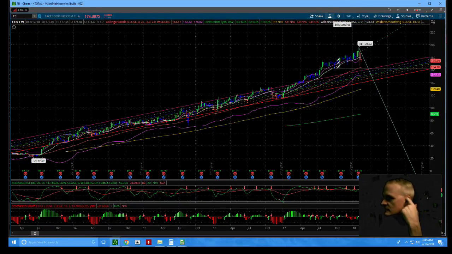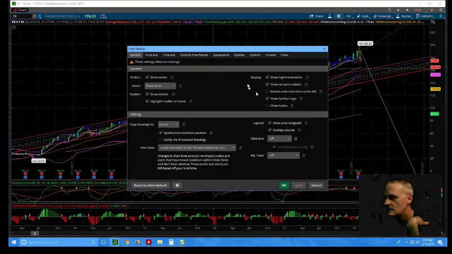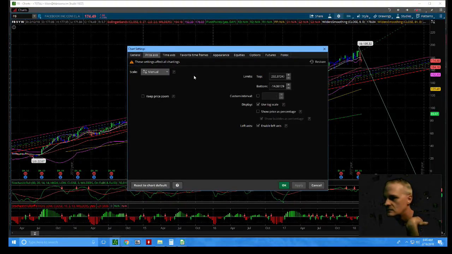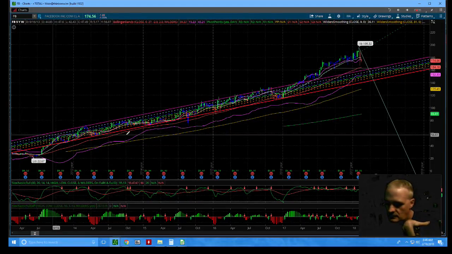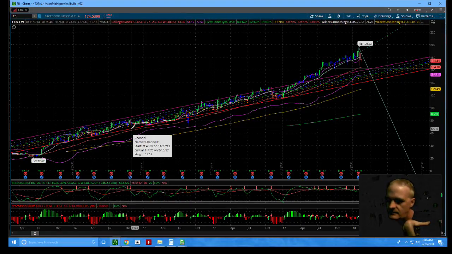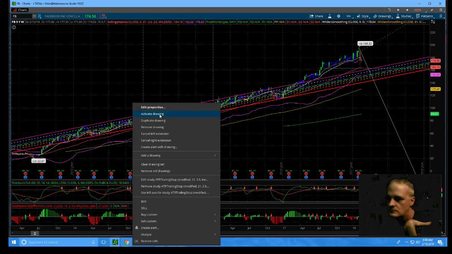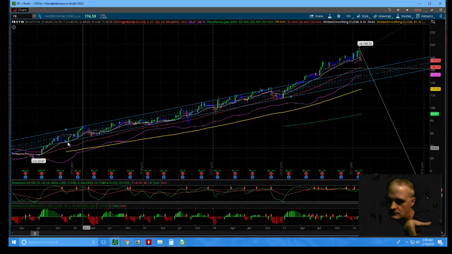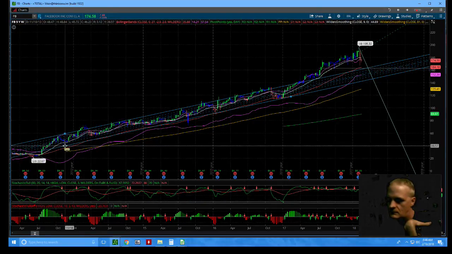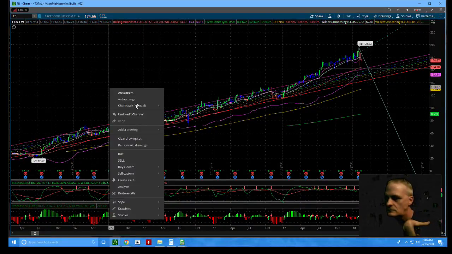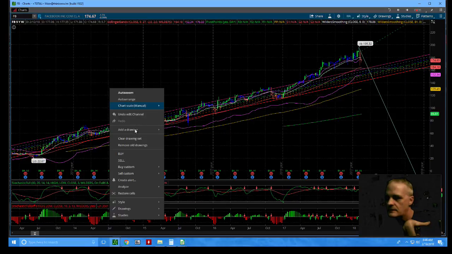Did that log scale even take? Hold on. No, it did. Okay, whatever. So in this case, I need to adjust, because I do prefer arithmetic over log scale.